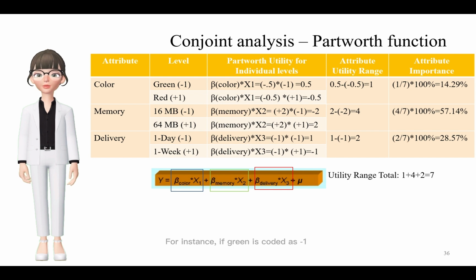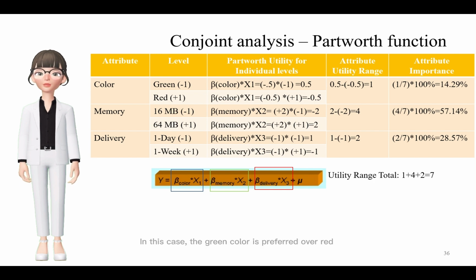For instance, if green is coded as -1 and red is coded as 1 for color, the part-worth utility for green is calculated as -0.5 times -1 equals 0.5. And for red, it is -0.5 times 1 equals -0.5. The greater the part-worth utility value, the more preferred the attribute level is.